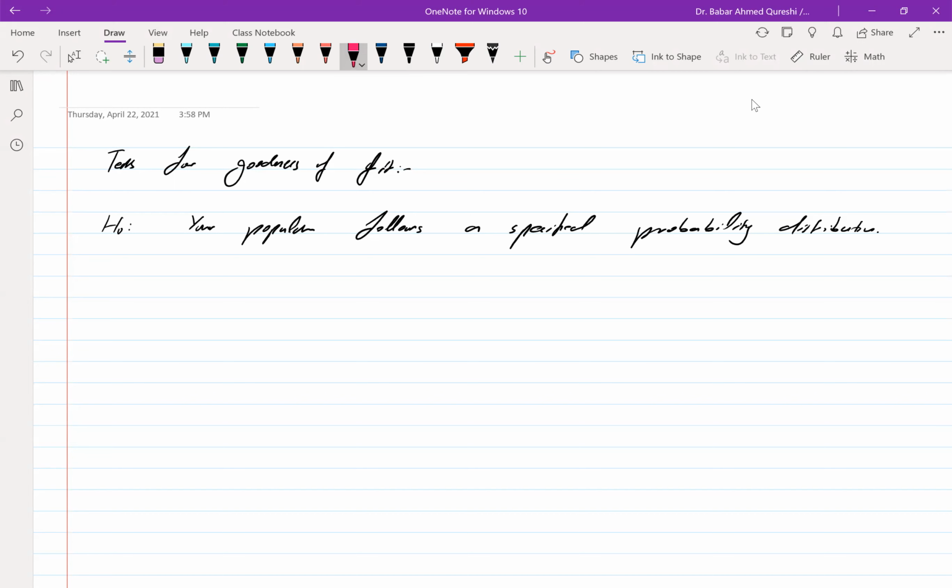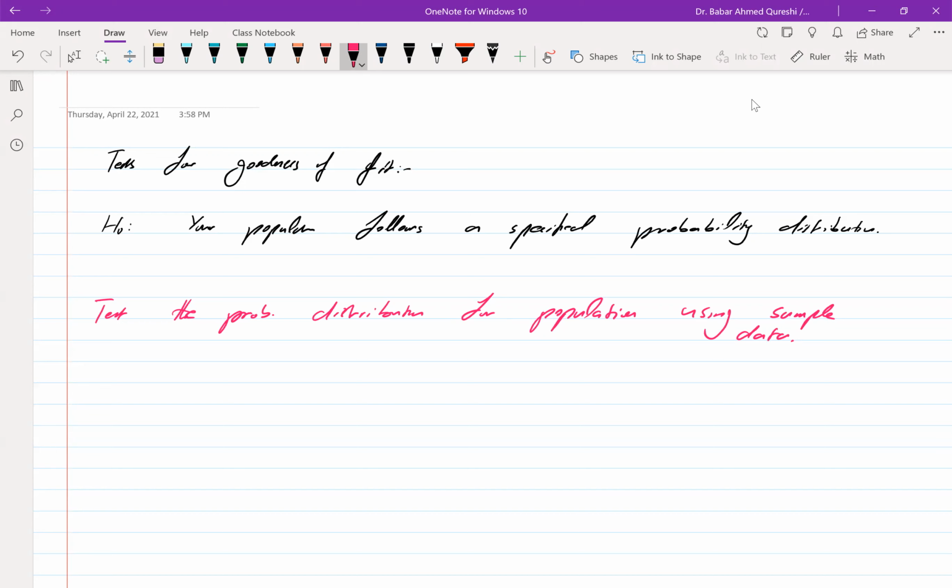So test the probability distribution for the population using sample data.